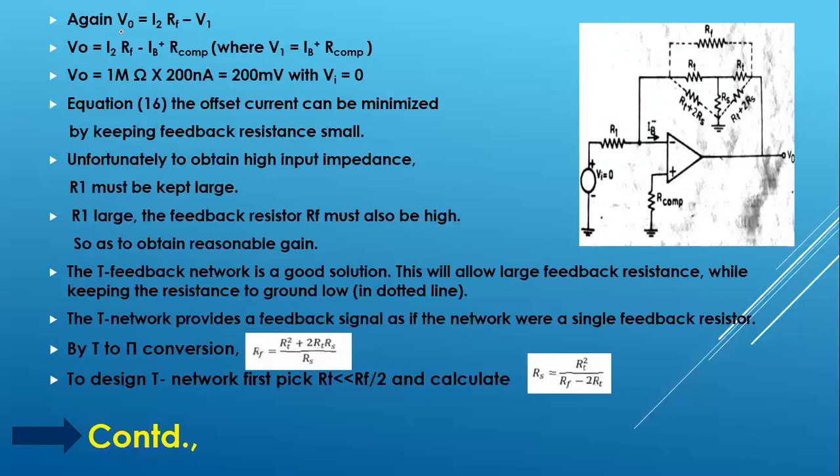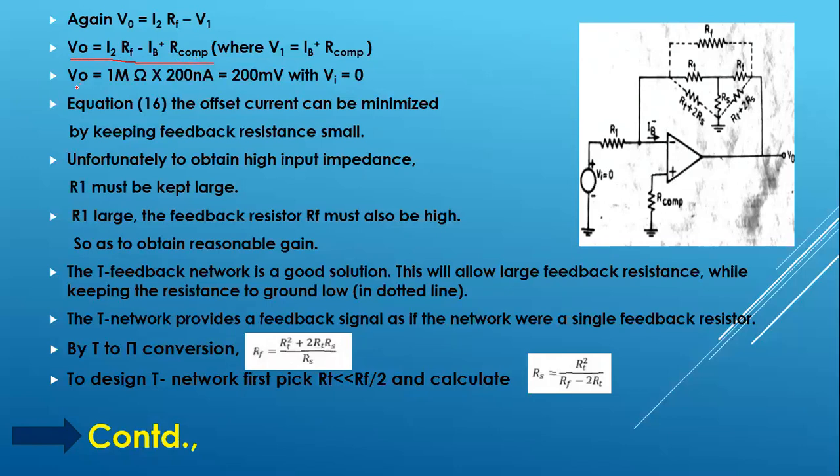And we are considering the output voltage. Output voltage is equal to I2 into RF minus V1. So if you replace this V1 with IB plus into R compensation, you will get V0 is equal to I2 into RF minus IB plus into R compensation.